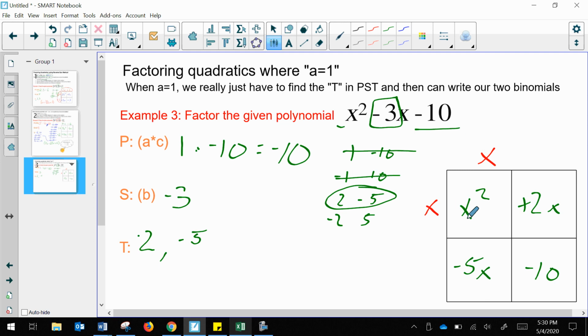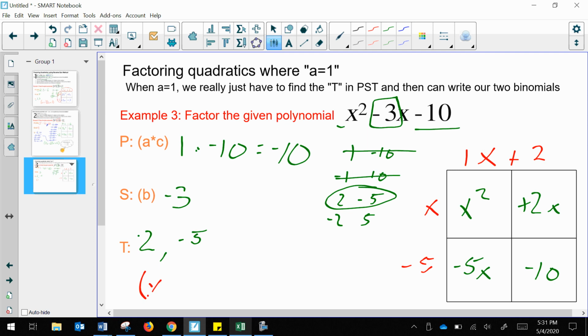The greatest common factor between 1 and negative 5 is going to be positive 1. The greatest common factor between positive 2 and negative 10, well, I'm going to lead with my leading coefficient, so I would just have plus 2. The greatest common factor between x squared and plus 2x is going to be my x. The greatest common factor between negative 5x and negative 10, the leading coefficient is negative, so I know I'm going to have a negative out here. And the biggest number I can divide out of both of these terms is just negative 5.